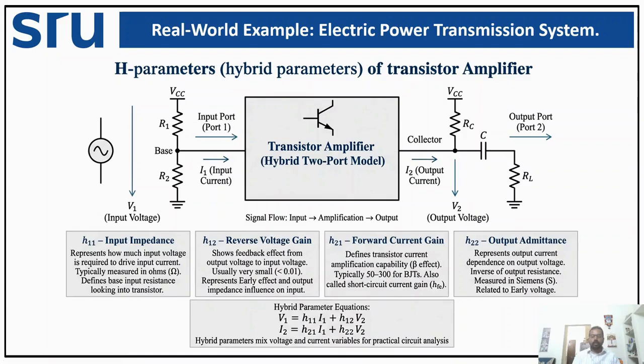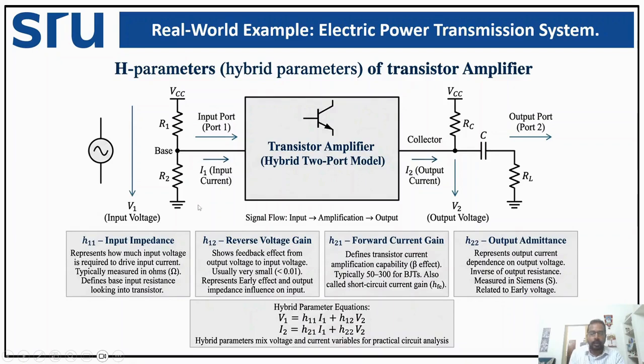So, this is the two-port interpretation of our transistor. In this diagram, the transistor amplifier is treated as a two-port model.